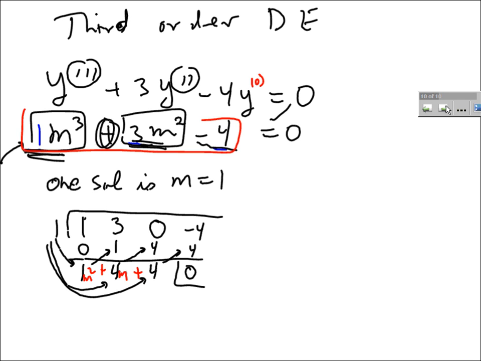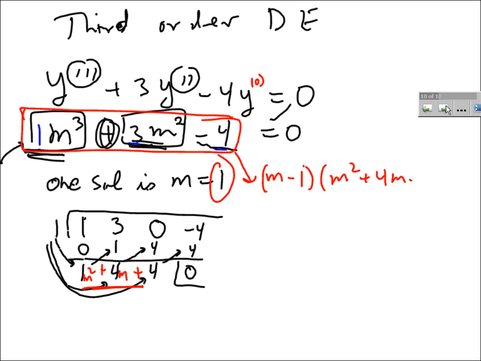So now I know that when I factor this equation, one factor is m minus a solution, which was 1, times what I have down there, m squared plus 4m plus 4. And like it says, it still equals 0.